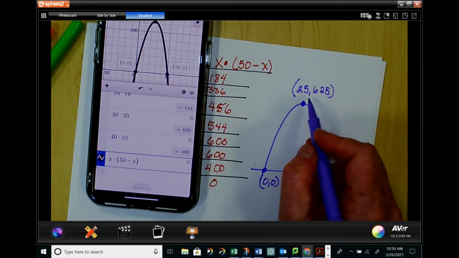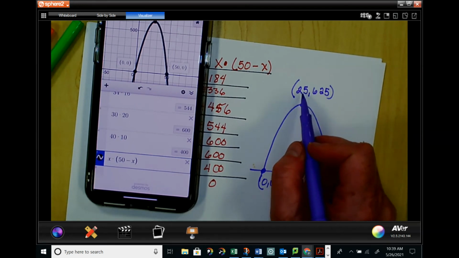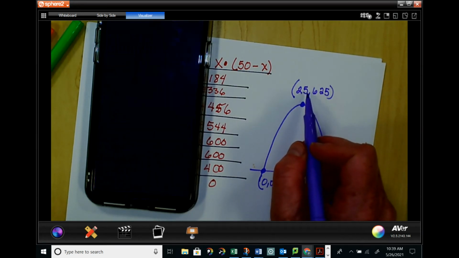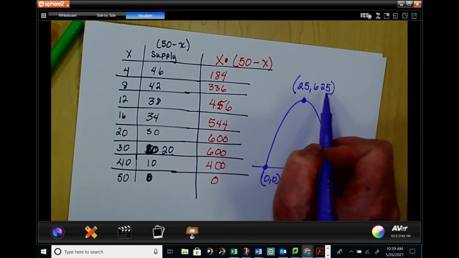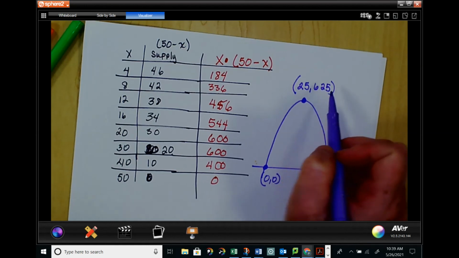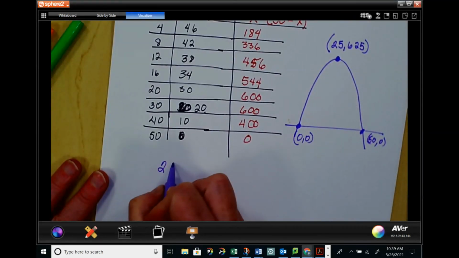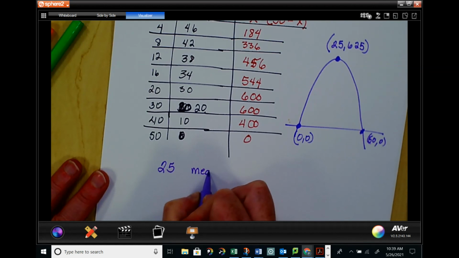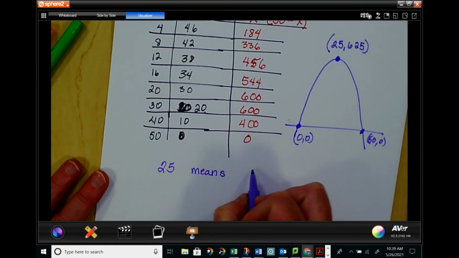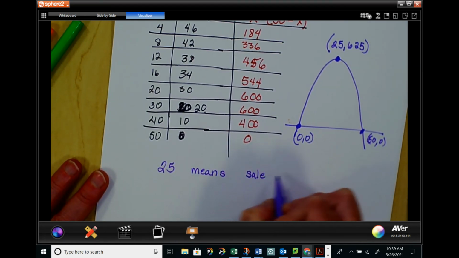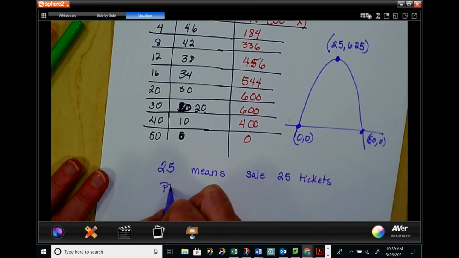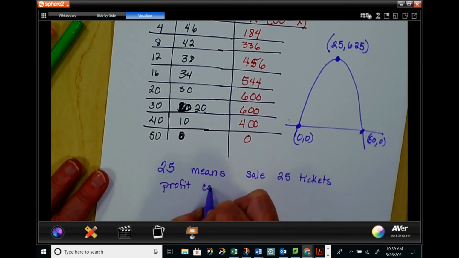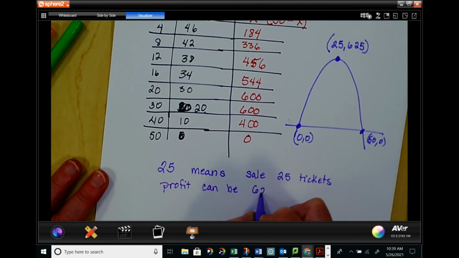But this really says that when I make the price of tickets, or whatever x is, at 25, I can make 625. So that 25 means if we sell 25 tickets, then my profit can be $625.